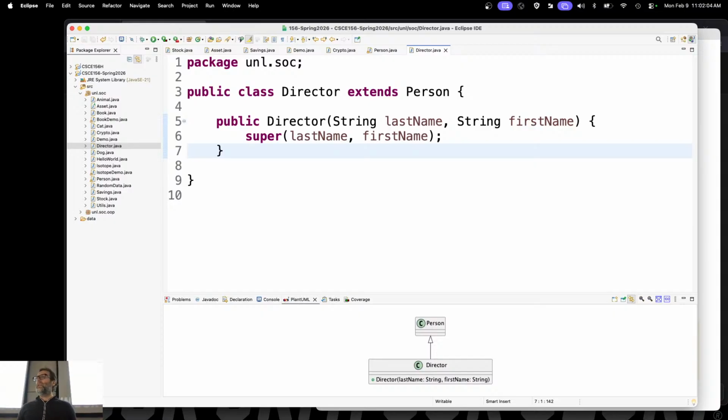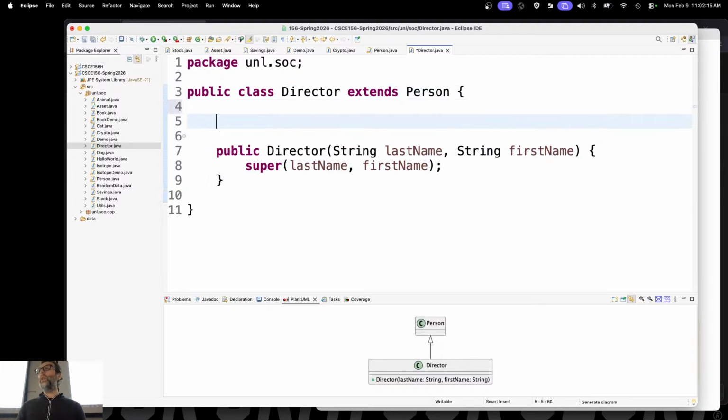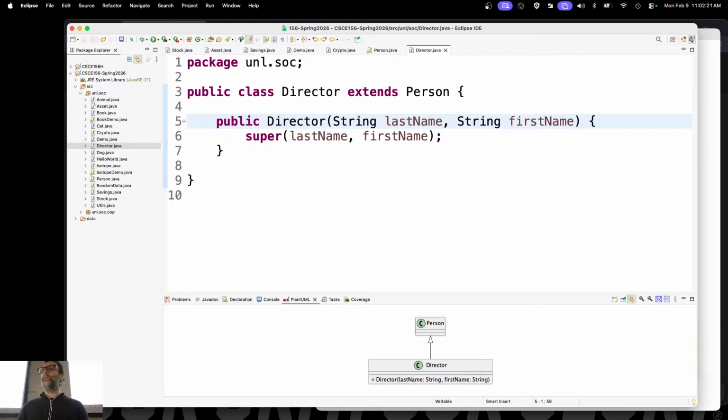Does this really add any value, first of all? What have I added in the subclass that I don't already have in the superclass? Nothing. I suppose that you could add a list of their films, and we'd have to create a film class that they've directed.